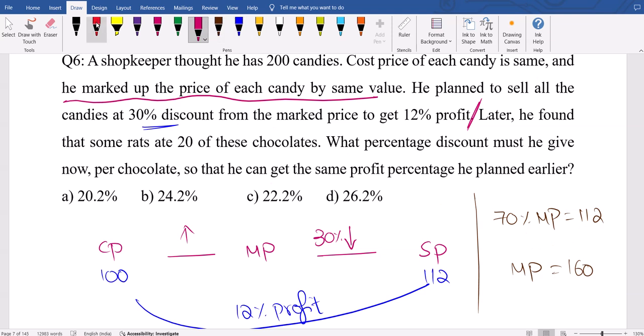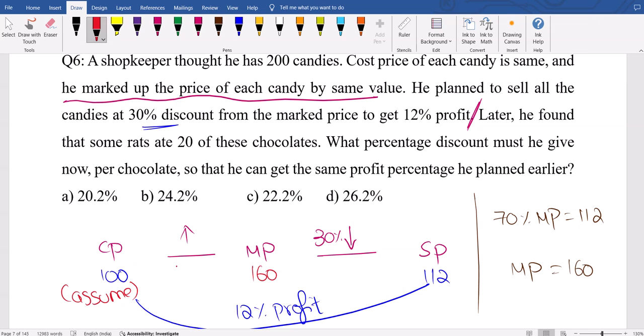Marked price is 160. Right. Now that's the initial setup. I assumed the cost price of each candy is 100, and we solved all this. Now what is the problem?